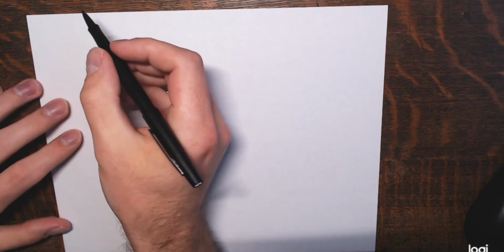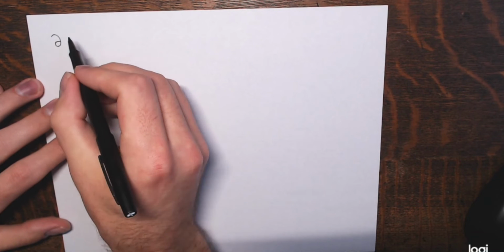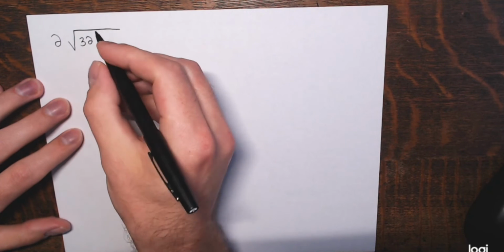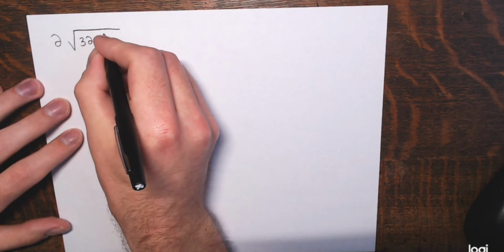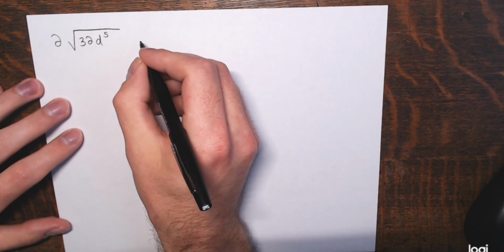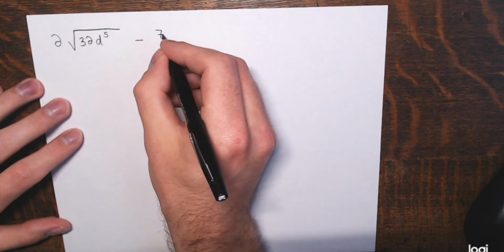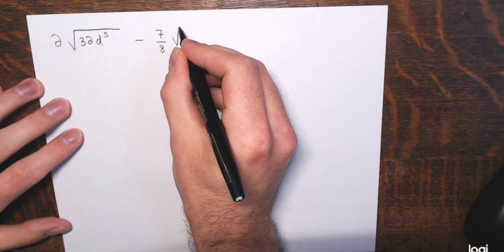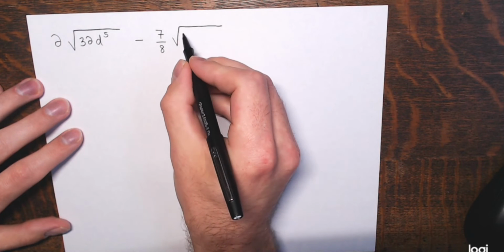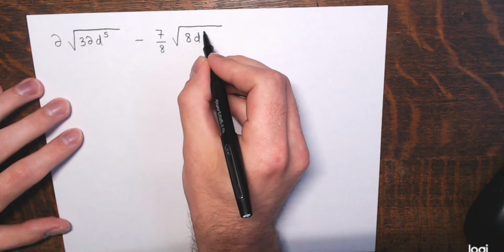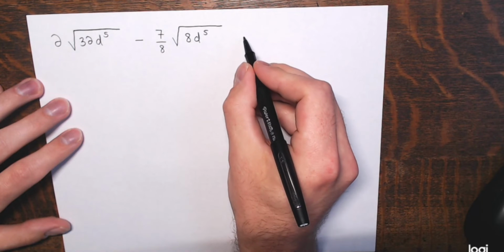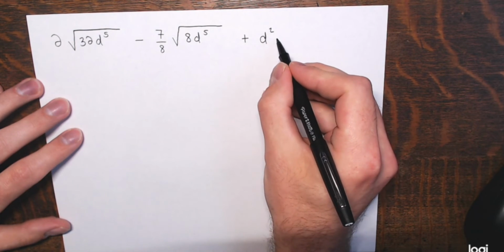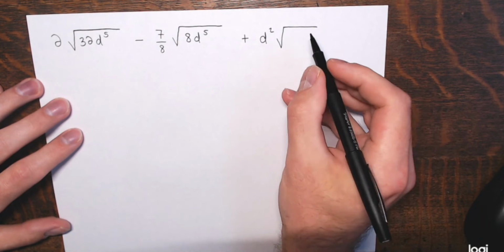So we have 2 times the square root of 32d to the 5th minus 7/8 times the square root of 8d to the 5th, and then last term plus d squared times the square root of 98d.